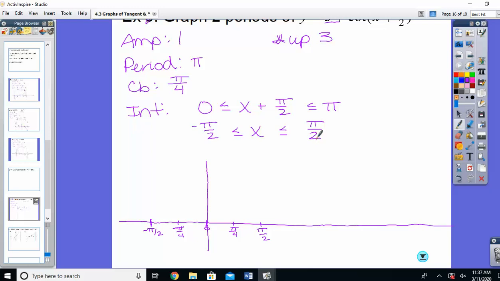Because my graph is going up 3, just like we did with sine cosine, we're going to go to positive 3 and draw a dashed line for our axis. We also know that both ends will be asymptotes.